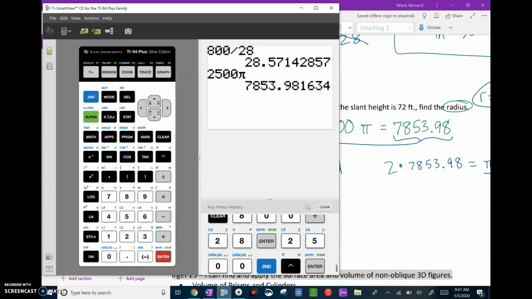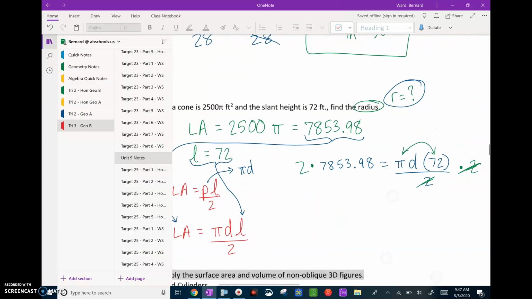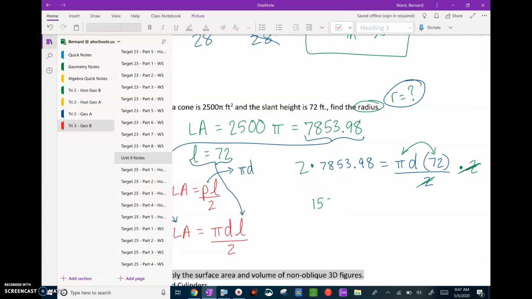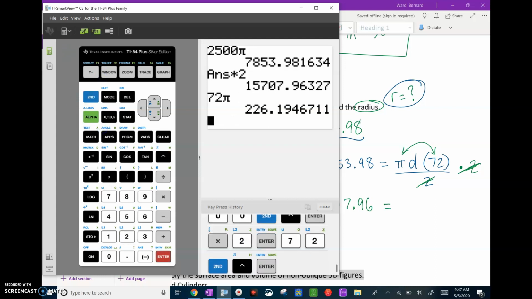If I times this by 2, 15,707.96. And that's going to equal, and let's see what 72 pi equals. 72 pi is 226.19.